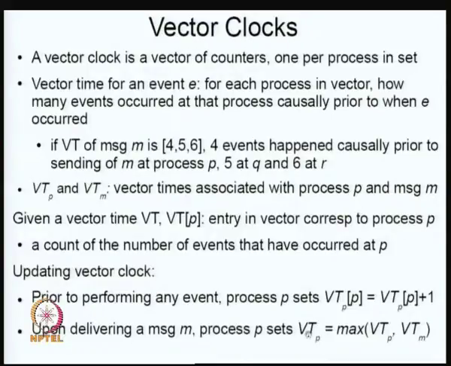I have to assign a particular time for the event that the message has been received and delivered to me. That means it has to be connected with either the most recent time I have or the most recent time as reported by the incoming message. And since it is a vector, you have to do an entry by entry max; that is what you have to do.